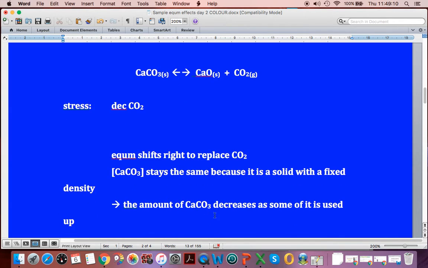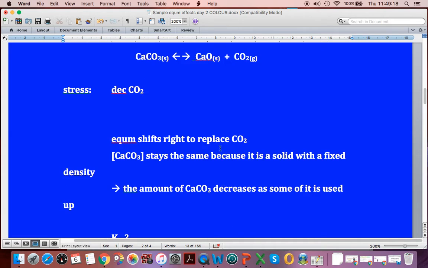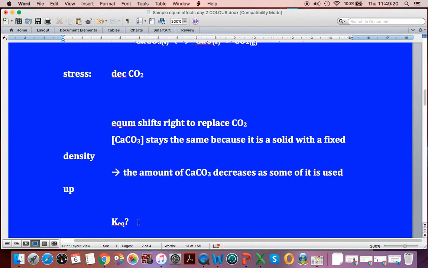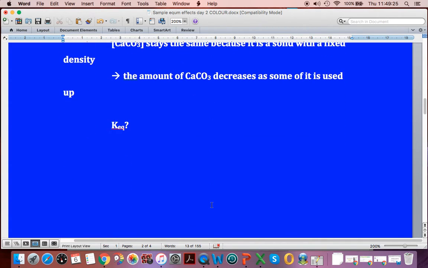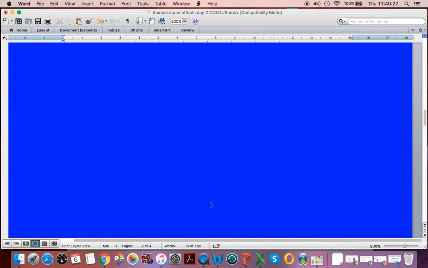Now, if we asked you about the amount of calcium carbonate, it would decrease somewhat because some of it's used up, but its concentration stays the same. Same for the calcium oxide. No effect on Keq because we're looking at a concentration change.